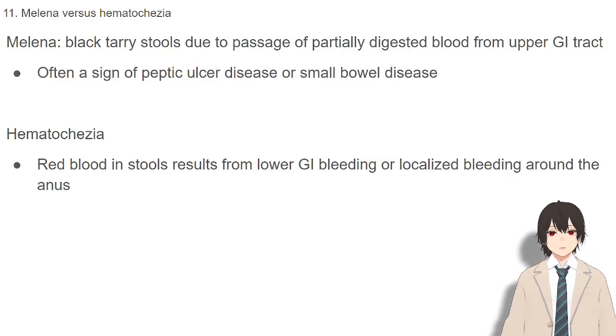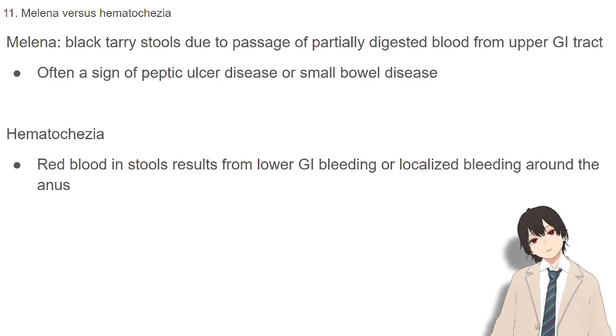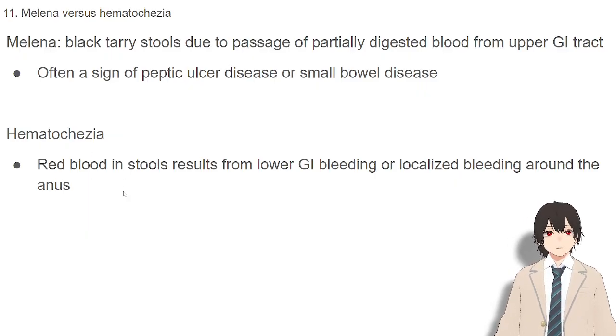As it oxidizes and all that stuff, right? So because it's happening so far up in the upper GI tract, by the time it comes out of the person's rectum, it is usually oxidized, it's been exposed, right? So it's black. Red blood is fresh blood, right? If we go back to the paper cut example, you cut your finger, initially it's just bright red, right?